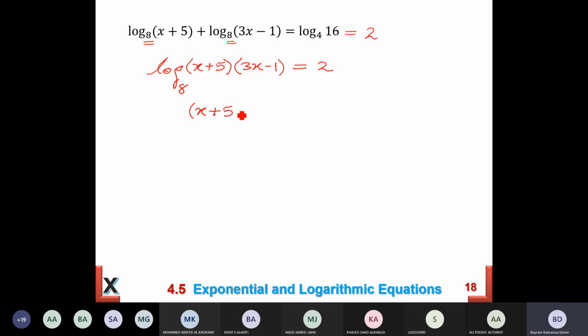X plus 5 times 3x minus 1 equals 8 to the power of 2. It is 64, huh, Shabab? All right, so I'm sure the rest is clear for everybody, Shabab. And please do not forget to check your answer, huh, Shabab?